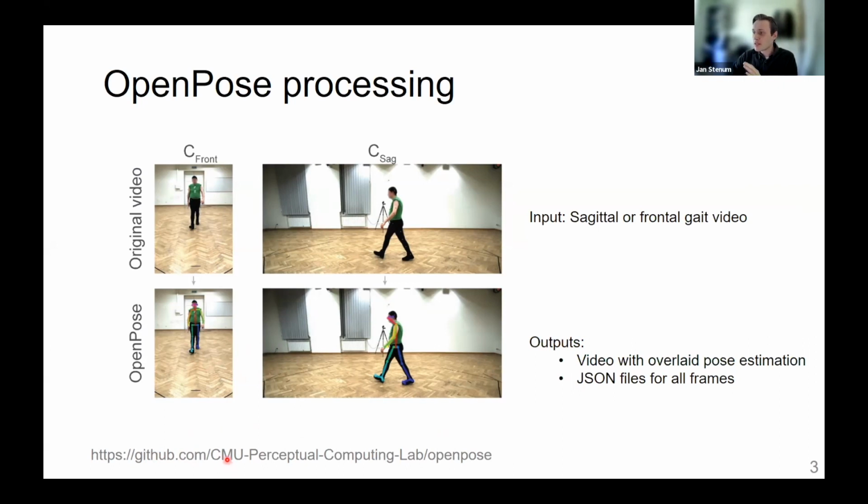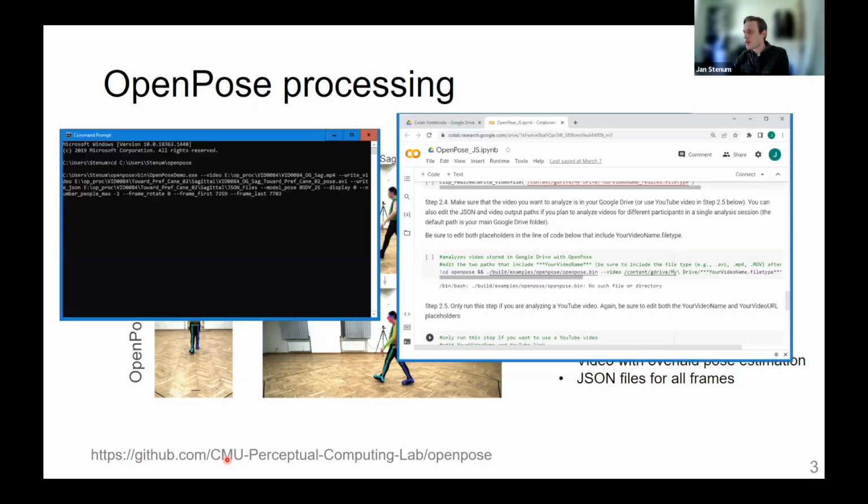We use the demo that they have posted, and after you install OpenPose, you can run it locally on your own computer if you have a GPU, so that you have acceptable processing times. And so you could run it either from your command prompt or a Jupyter notebook.